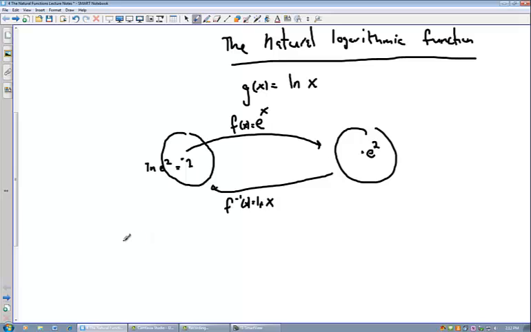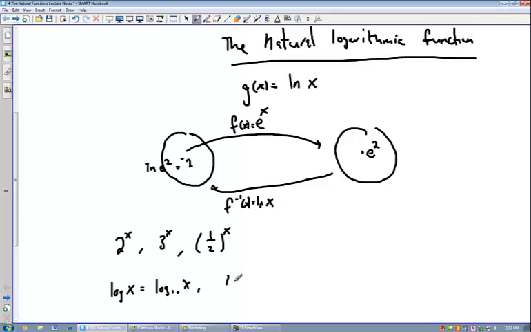Now there are lots of different types of exponential functions. So any number to x is considered an exponential function. So like 2 to the x, or 3 to the x, or even 1/2 to the x. And you have lots of different logarithms, like log base 10 of x. So if you don't write a number in the base here, it means log base 10. This is one you might be familiar with.